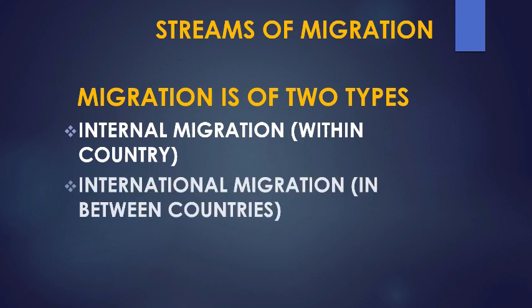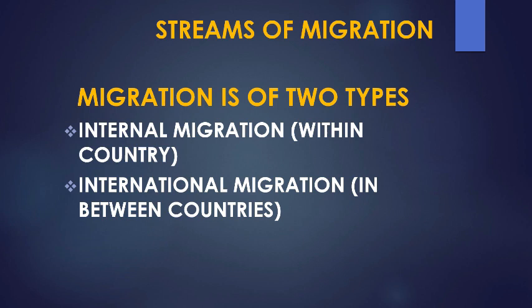Streams of migration. Migration is of two types: internal, that is within the country, and external, that is international, the migration which takes place between countries. We'll discuss this more, but let's understand the migration which takes place at a variety of scales.